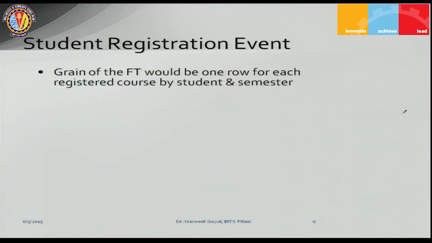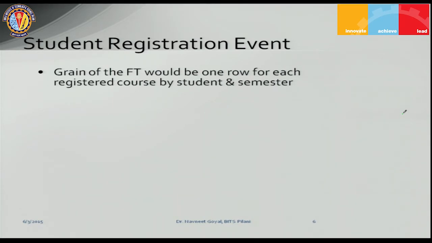Student registration event. Let us look at this process. When a student comes in for the first time in a semester, he has to register. That is what is called a registration event. The grain of the fact table would be 1 row for each registered course by the student, and semester.